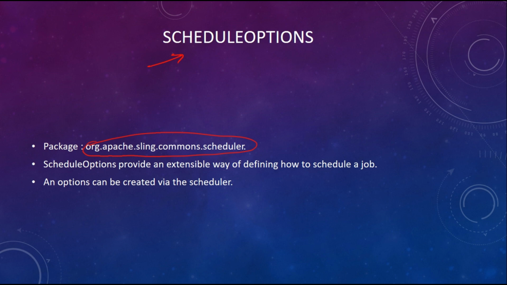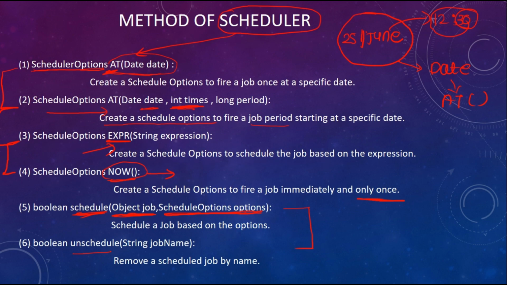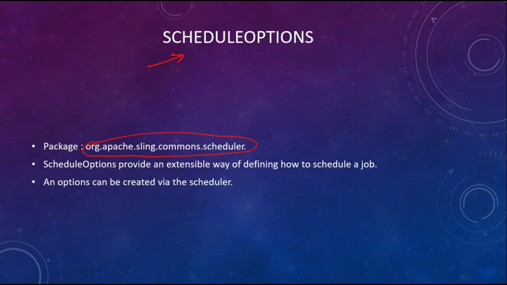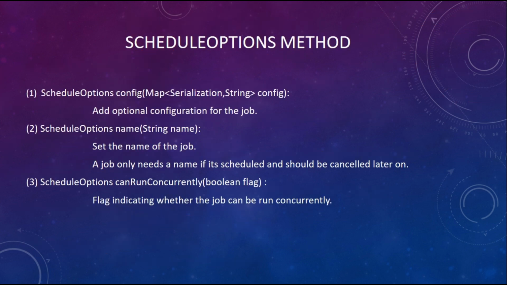Just like, consider inside this scheduler we don't have a name method. If you want to set the name of the scheduler, we don't have this functionality. So how we can do that? We have to take the help from this scheduler options. This scheduler options has the methods config, name and can run concurrently.